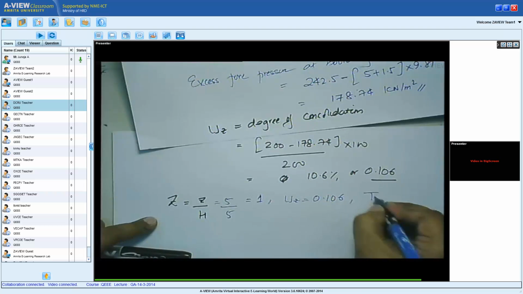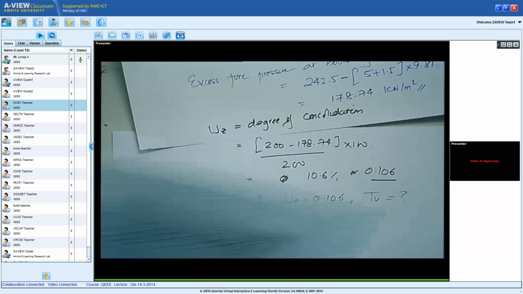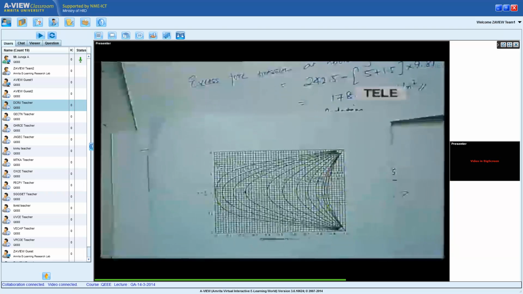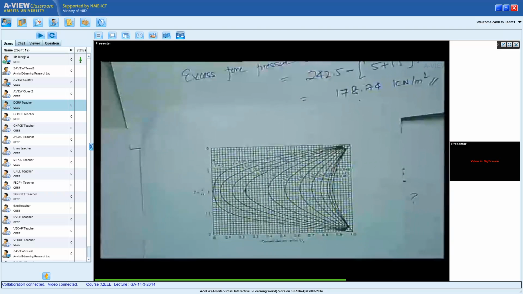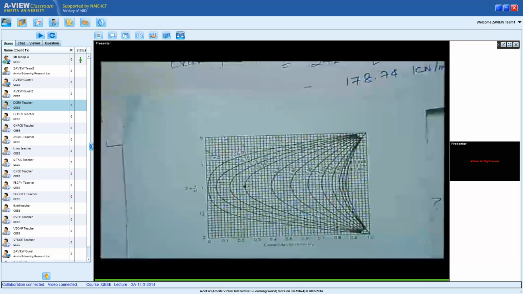So what is Tv? I need to look at Tv from one of those curves, and I should be having those curves somewhere here. So we need to look at this figure. I'll quickly zoom in. We have 7 minutes remaining, and I believe we should be able to finish this off.